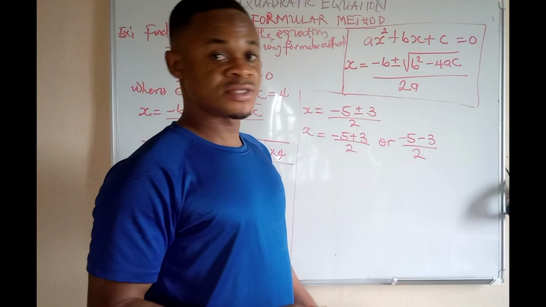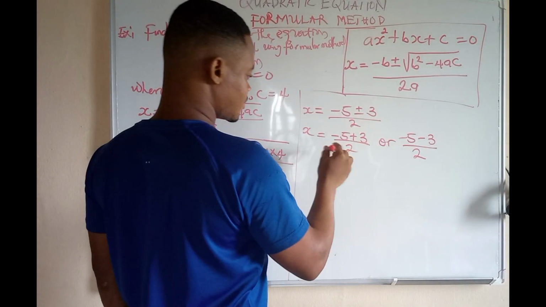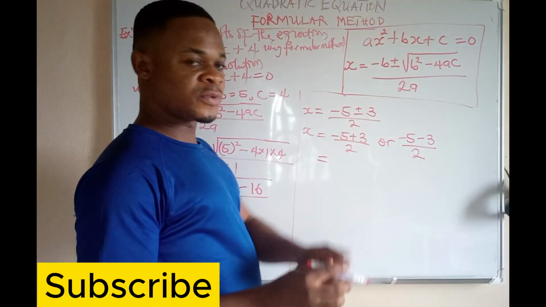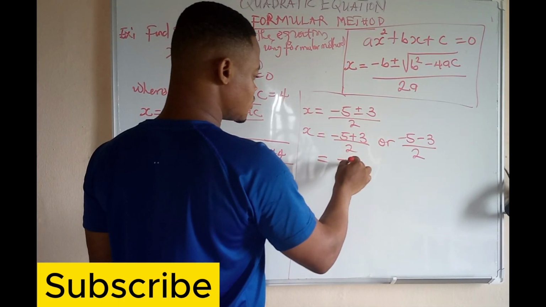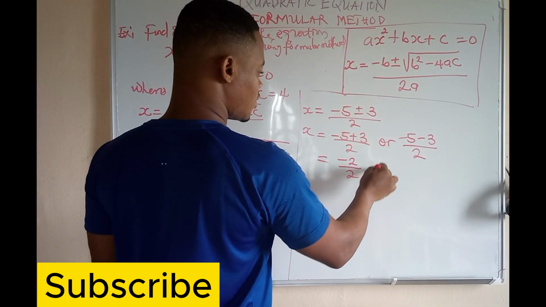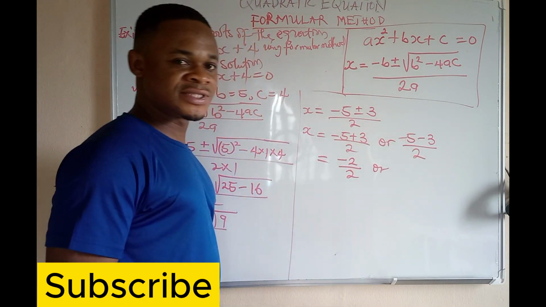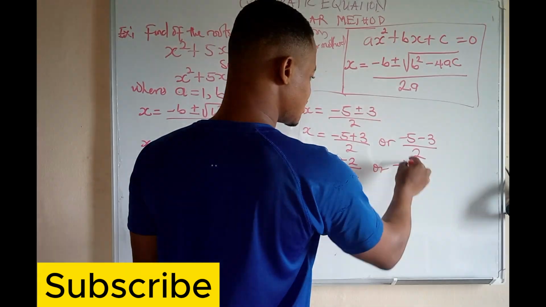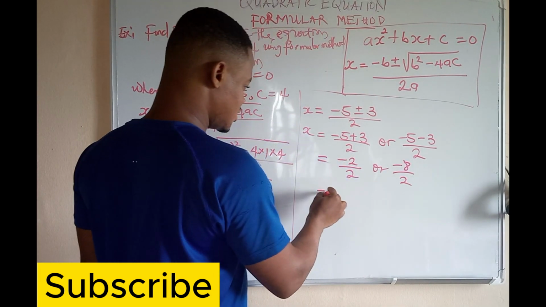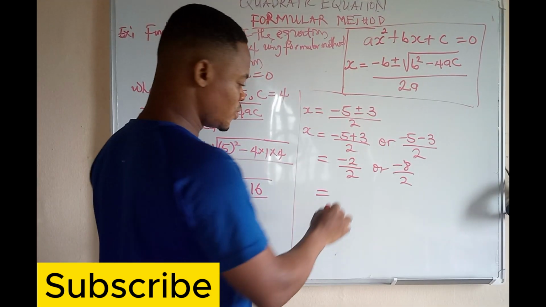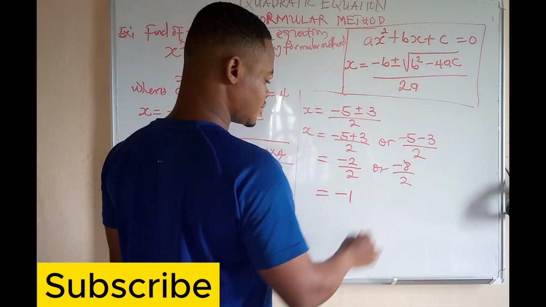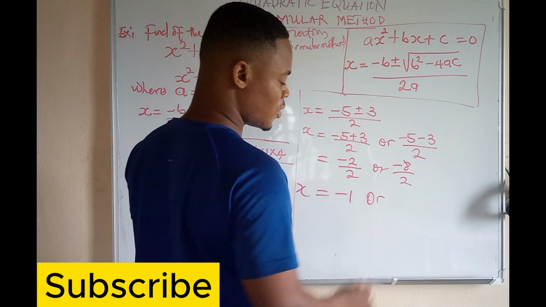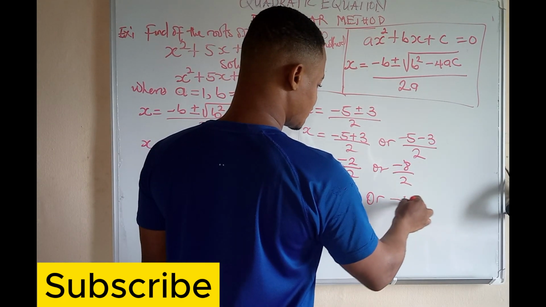So minus 5 plus 3 gives us negative 2 all over 2, or minus 5 minus 3 gives us minus 8 all over 2. Minus 2 over 2 gives us minus 1, and minus 8 over 2 gives minus 4. That is, x is equal to minus 1 or minus 4.